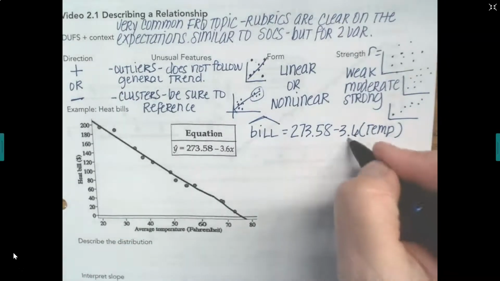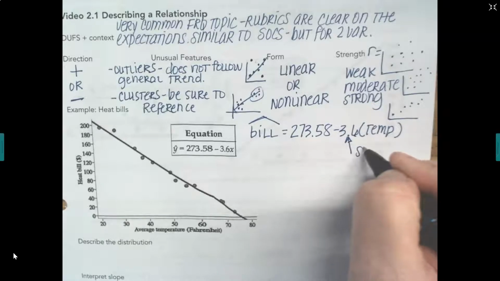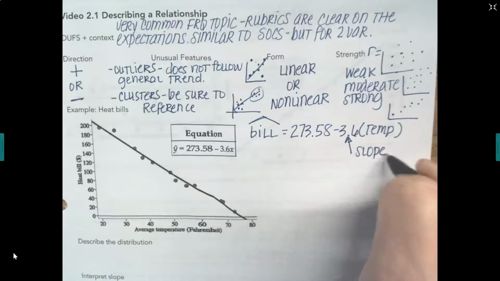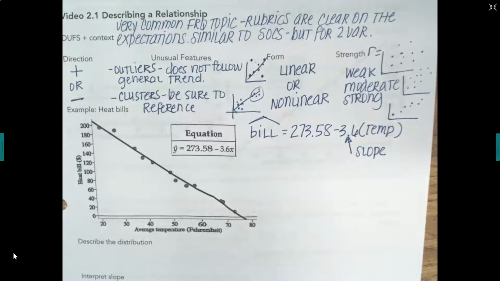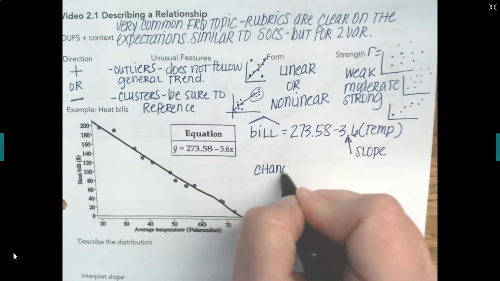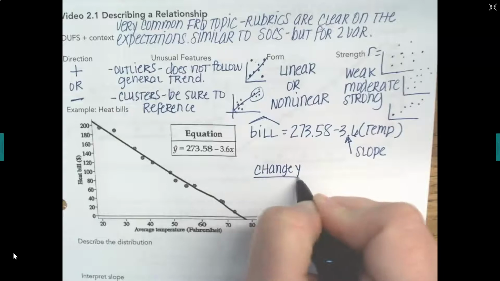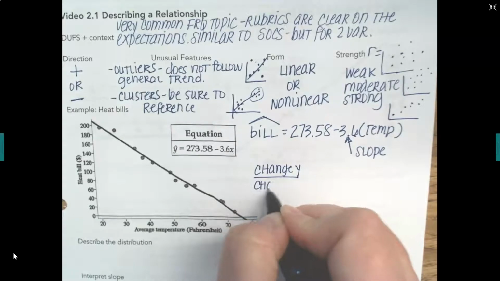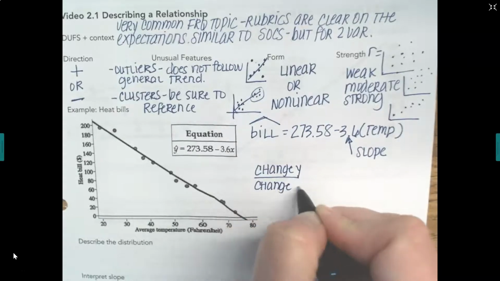So here's our slope. Now, what I do want to point out is I want us to think back to where slope comes from. Slope comes from the change in y divided by the change in x.